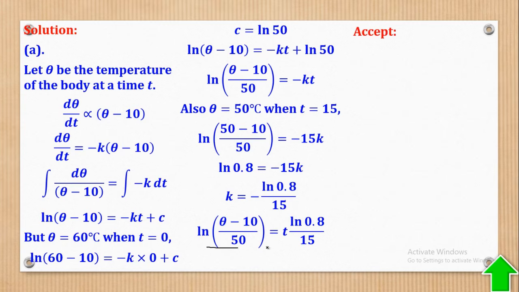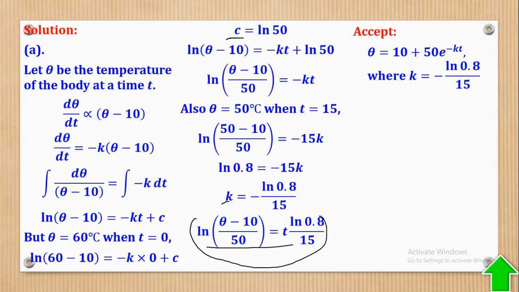Now you can either stop here, because you have already got the constants. You have got the value of c and the value of k, and you have substituted in the equation. But if you want, you can still use exponentials by putting e on both sides to be able to come up with this equation. So I hope you know where it comes from, because when I put e here and I also put the whole of this in a bracket, you'll realize that this cancels, you remain with this, and here it will be e to the exponent of t ln 0.8 over 15.